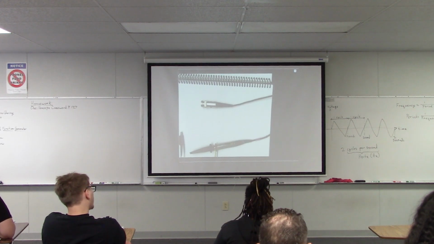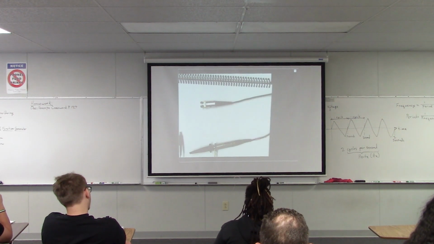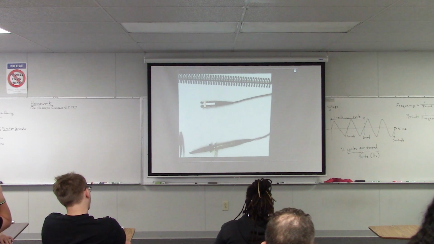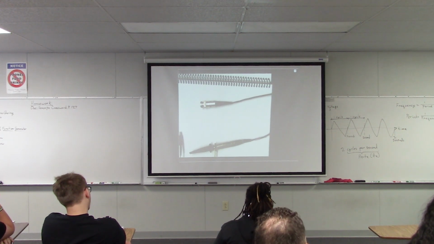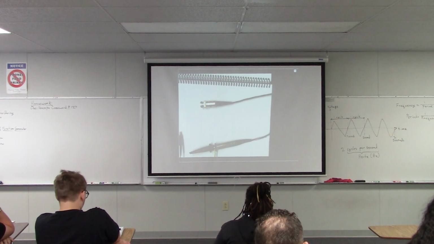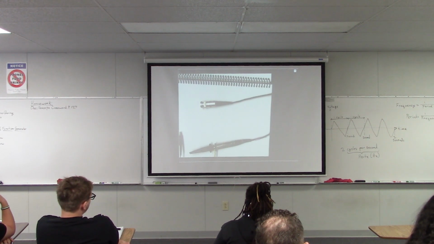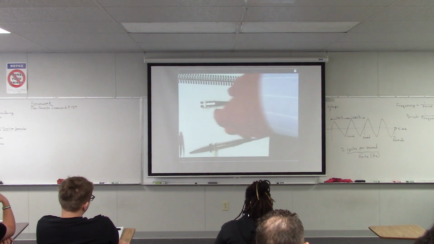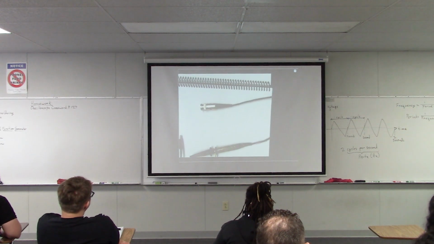If you switch them around, your measurements might be off, because the oscilloscope cable has a very specific resistance and capacitance to it. If you plug the function generator cable into the oscilloscope, the resistance is going to be off, the capacitance is going to be off, and it's going to throw off your measurements. So you need to use the oscilloscope cable for the oscilloscope.